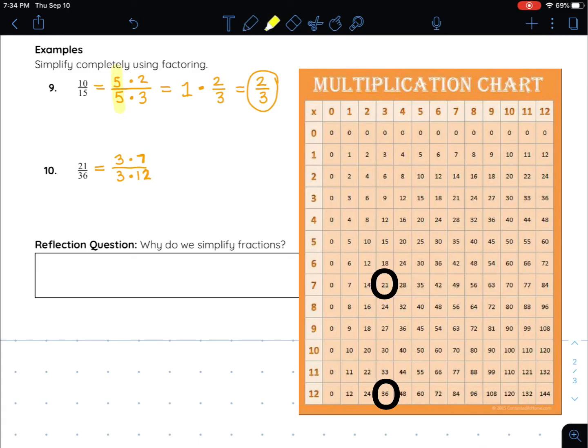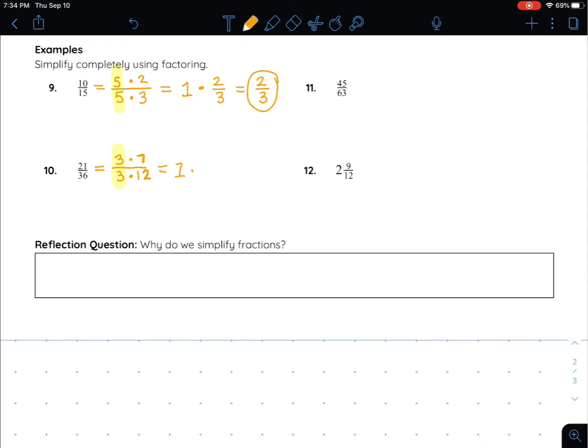And remember, that 3 over 3 right there, that's just 1. So this is 1 times 7/12, or just 7/12. And we know we're done on this one because 7 and 12 don't share any factors. Like there's nothing we could think of that multiplies into 7 and into 12 other than 1. So we know we're done.